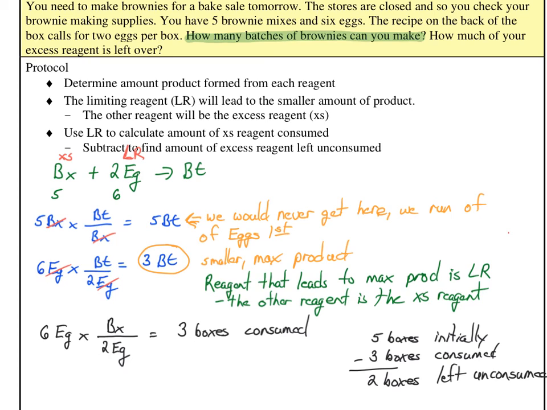The other reagent is thus the excess reagent. If we want to find out the amount of excess reagent that remains, we calculate how much is consumed by comparing it to the limiting reagent. We subtract the amount that's consumed from the initial amount, and we have the amount that's left unconsumed.